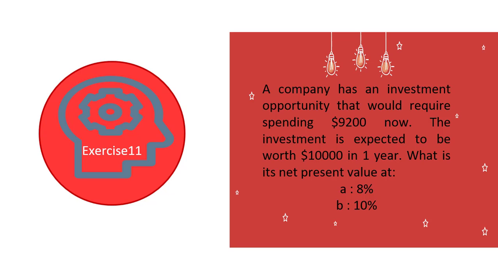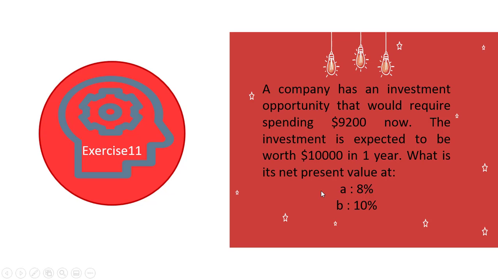At the beginning, draw the time diagram and get the inflows and outflows at their proper points in time. Secondly, select a focal date or a comparison date. Finally, write an equation of value.